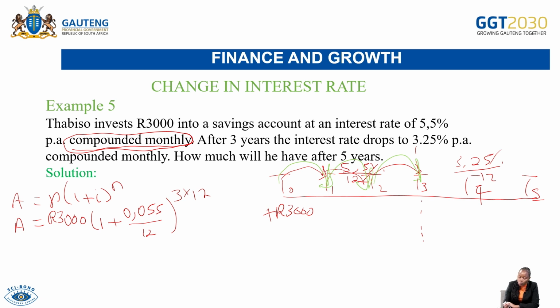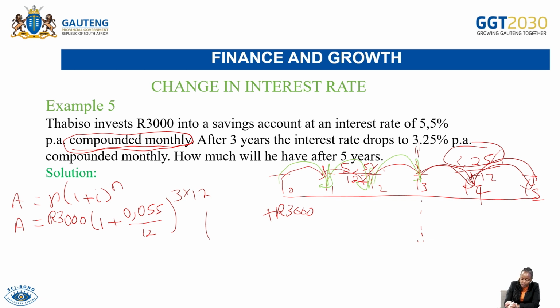Okay, so what happens with the new interest rate? When the interest rate has dropped, what happens? You're still going to receive the interest, but now the interest is going to be for how long? It is going to be for 2 years. So it's going to be year 4 and year 5, right? And then the interest rate is going to be 3.25. So in such a case whereby the interest rate changes, you are going to multiply by the new interest rate.